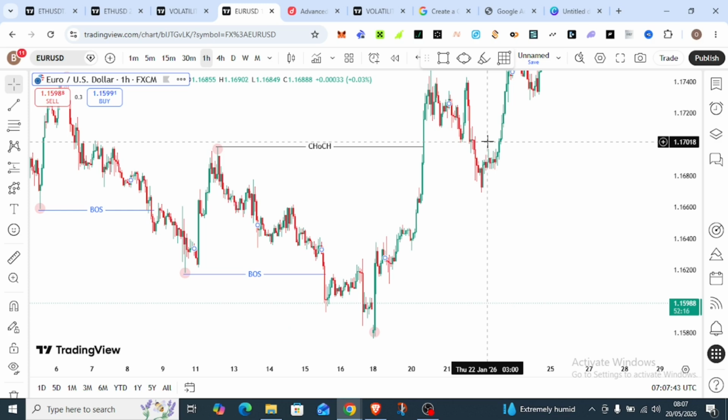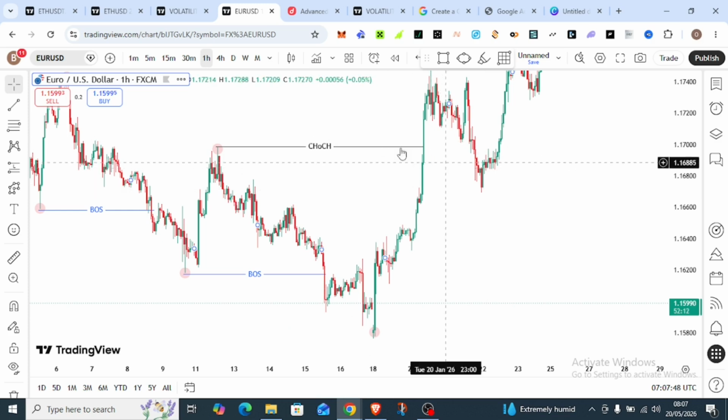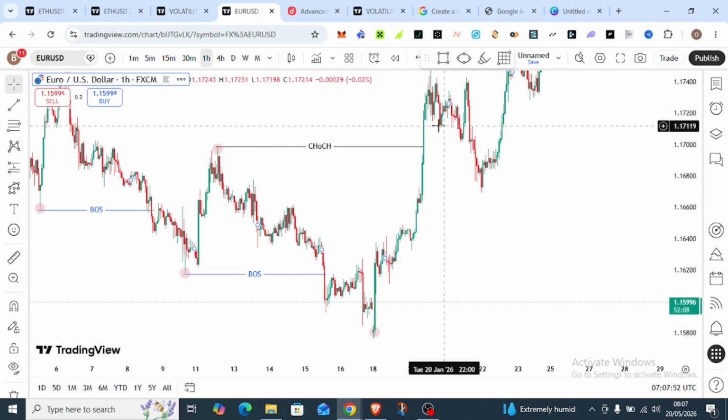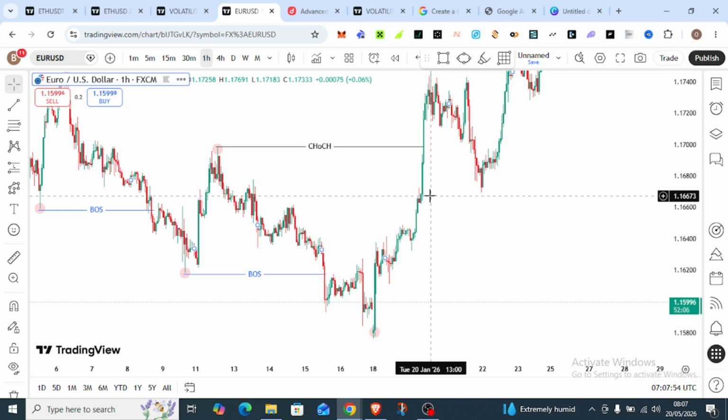Note, change of character does not guarantee reversal. Sometimes you have a change of character, but without confirmation, it can still fail. So it is not 100% guaranteed that when you see a sign of reversal, the reversal is going to occur.